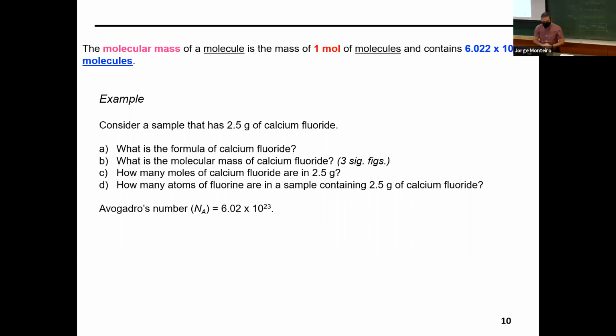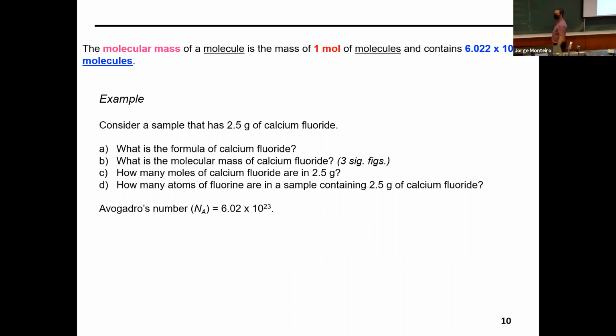Okay, so let me do the first two items in this problem, and then we will wrap up. So everything starts with the formula of calcium fluoride, right?